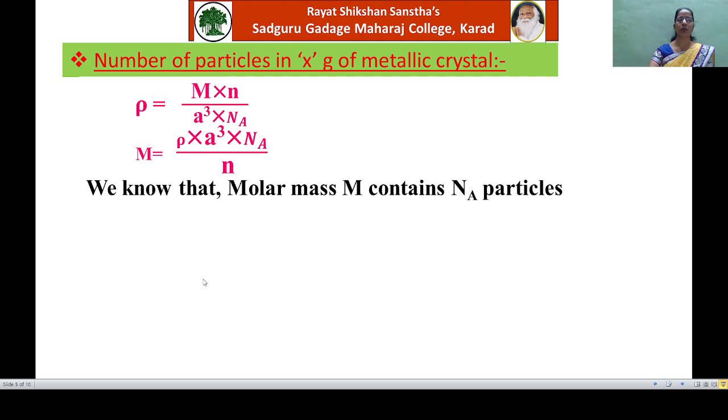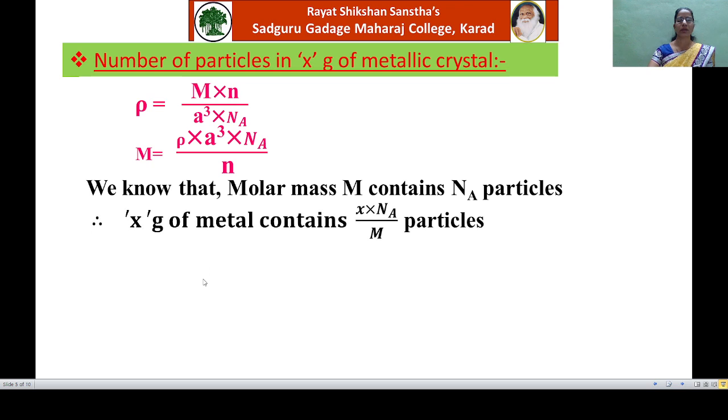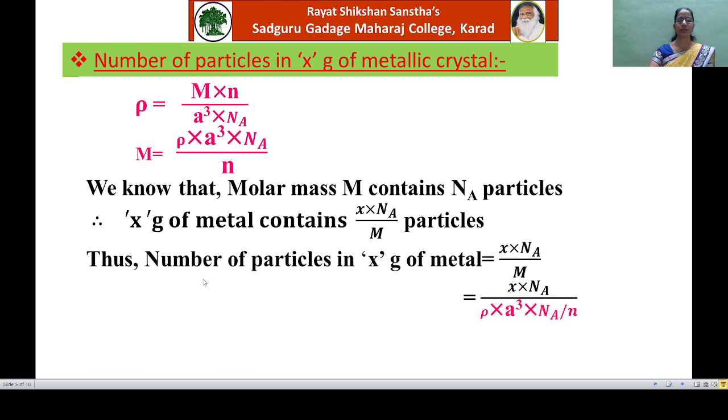So here molar mass M contains Avogadro's number of particles, that is Na particles. Therefore, x gram of metal will contain x into Na divided by M particles. Thus, the number of particles in x gram of metal will become equal to x into Na divided by M.